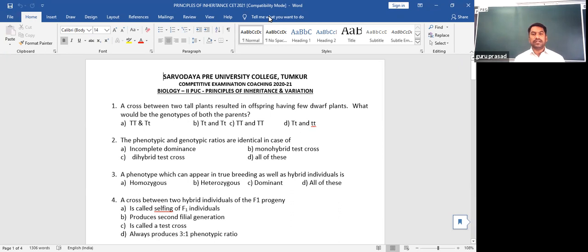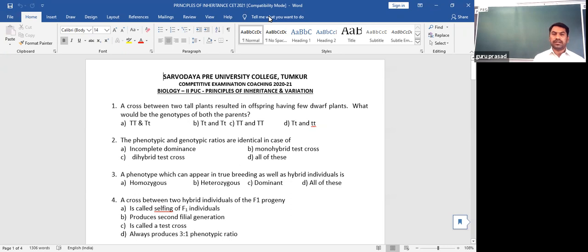That hybrid may be of a single gene or single character difference, called monohybrid, or the parents may differ in two characters, dihybrid, and likewise trihybrid, etc.